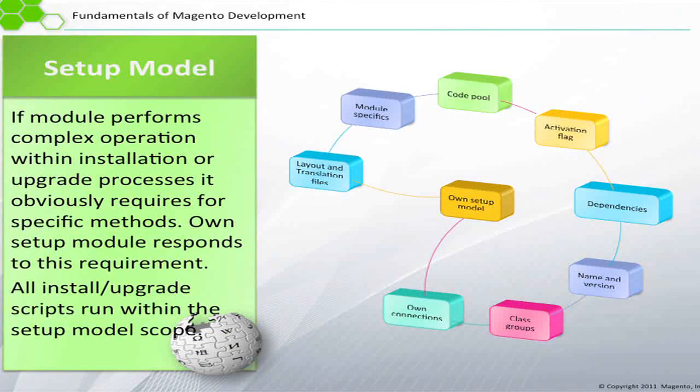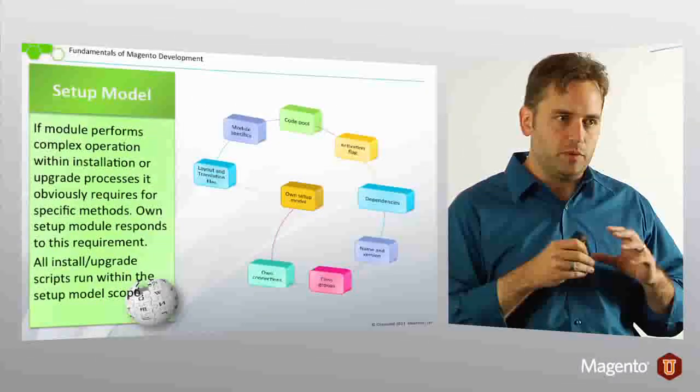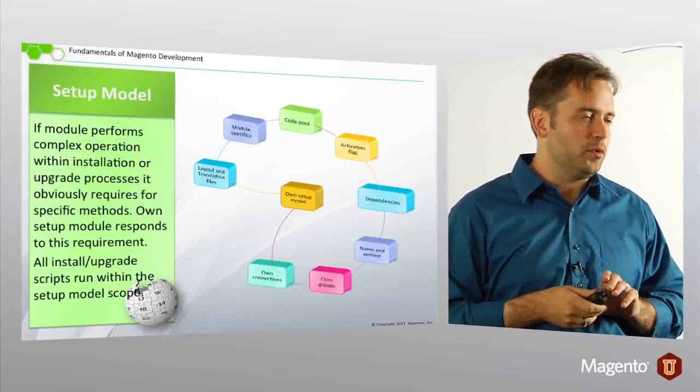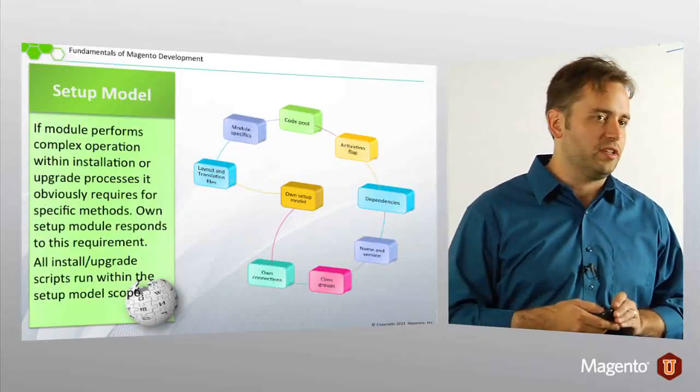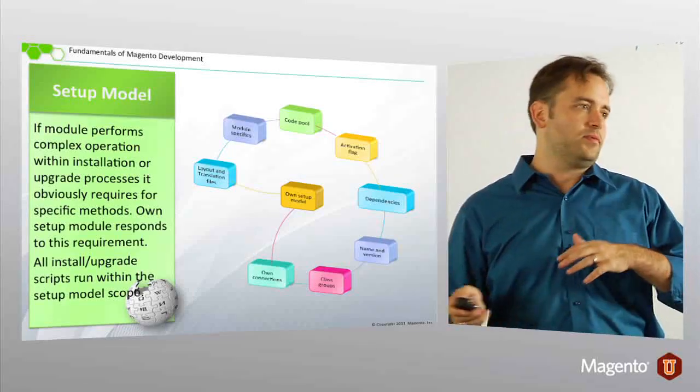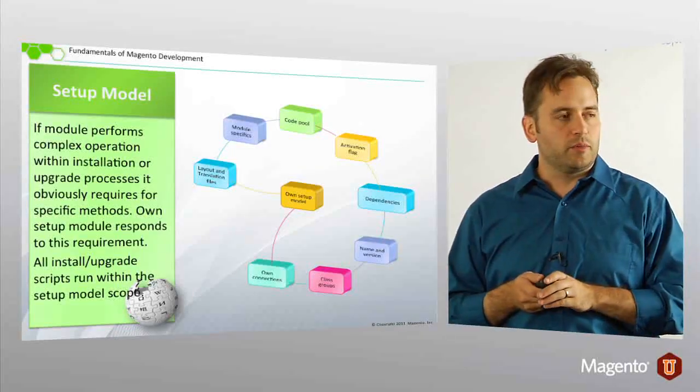Then the setup model. All right, so setup models, again, Thursday. If you have some kind of complex logic that your model needs to install, you can create your own setup model and specify that logic in there, especially if you need to grab information from other models.